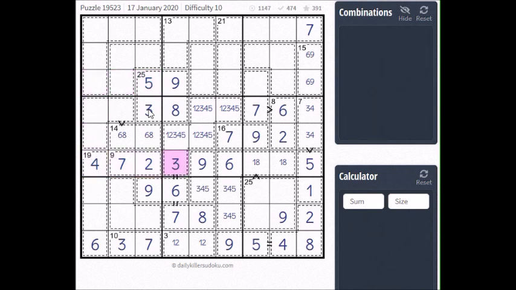Now here we have 3. Here we have 2. Okay, the 3 must be there. And now we have here 1, 5, 9. The 9 can't be there.